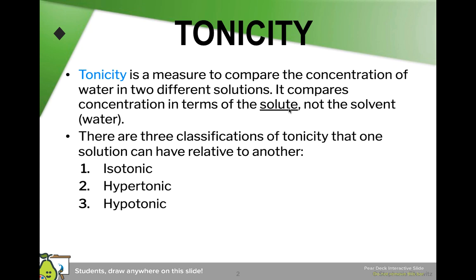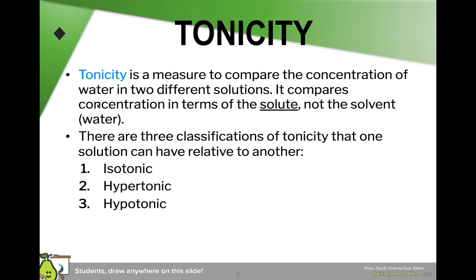There are three types of tonicity that a solution can have relative to another: isotonic, hypertonic, and hypotonic. We're going to talk about these three. Again, this is a review.